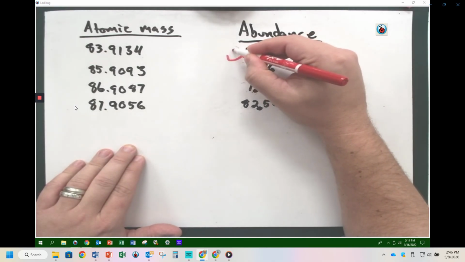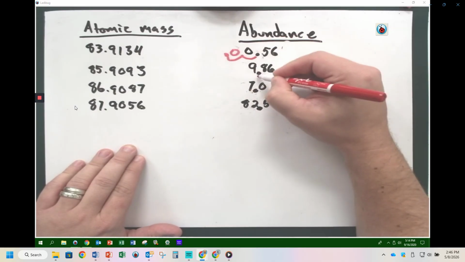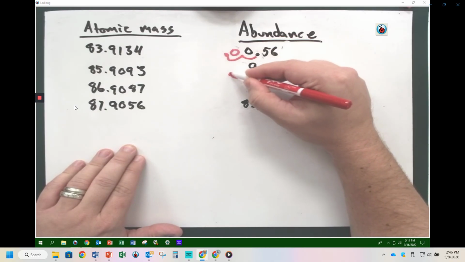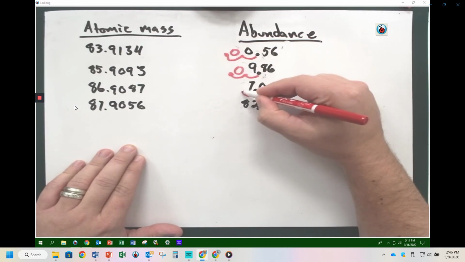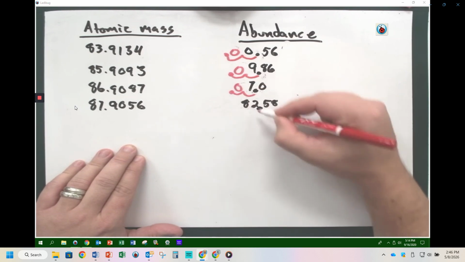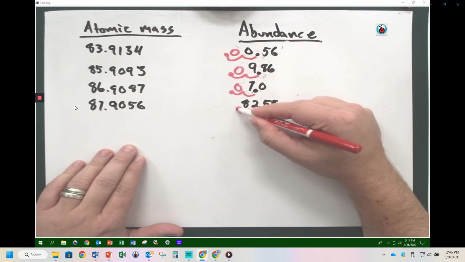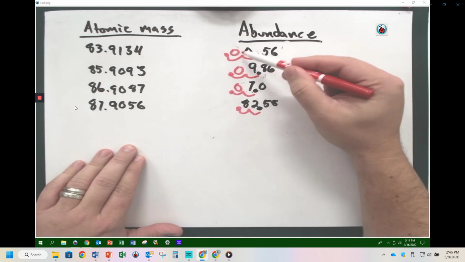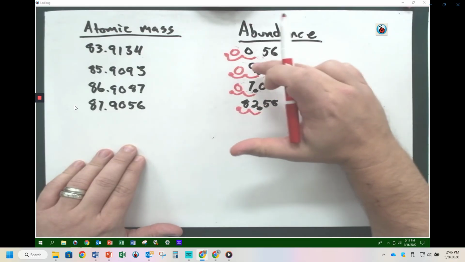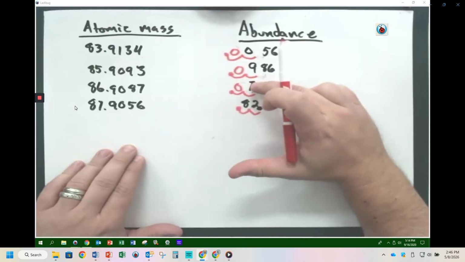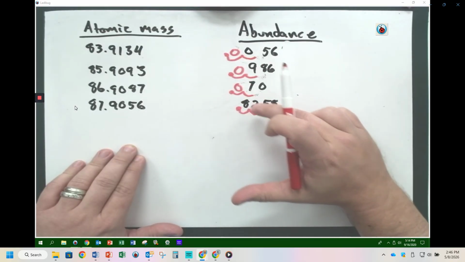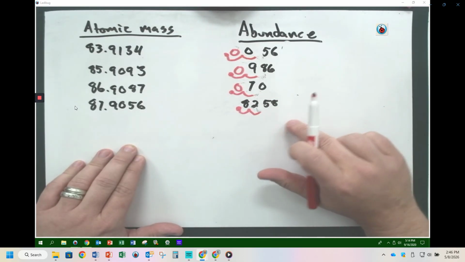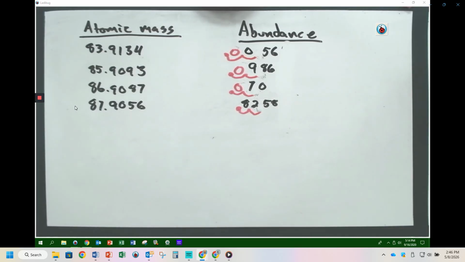Decimal 2 places to the left for each one of these. 1, 2, 1, 2, 1, 2. All right, so I have 0.0056 and 0.0986, 0.070, 0.8258.